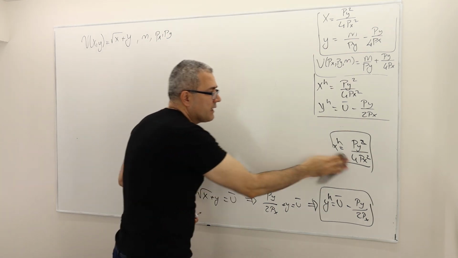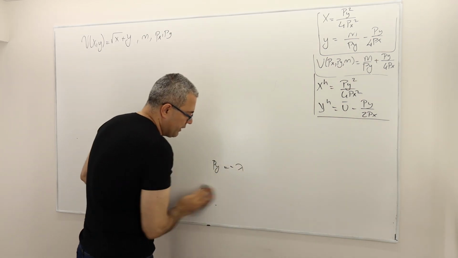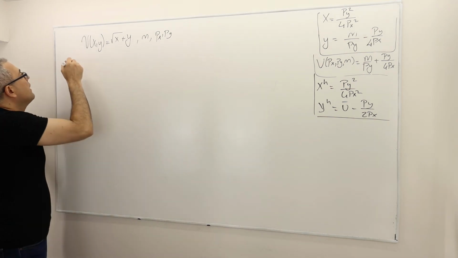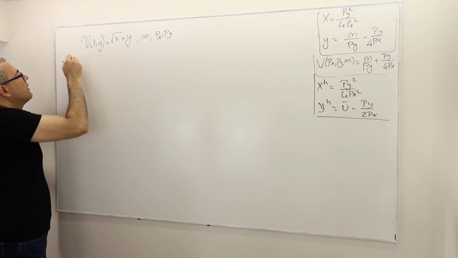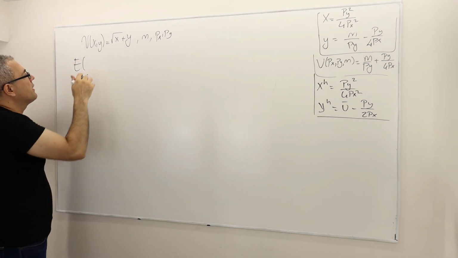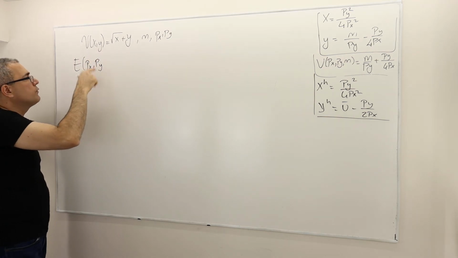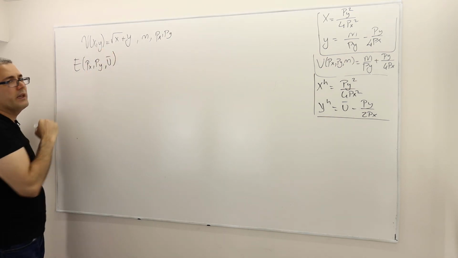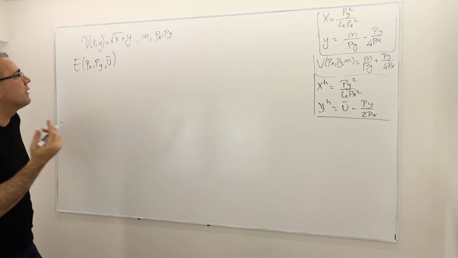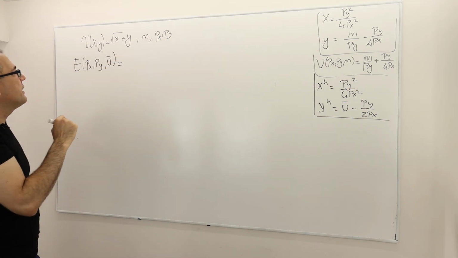So those x and y are not Marshallian demands, those are the Hicksian demands that you should be using if you want to find the expenditure function. The expenditure function, denoted by E, capital E, small e, doesn't matter, should depend on the price of good x, the price of good y, and the utility level you pick, u bar. Some textbooks use u0 instead of u bar. I don't mind which notation you use.